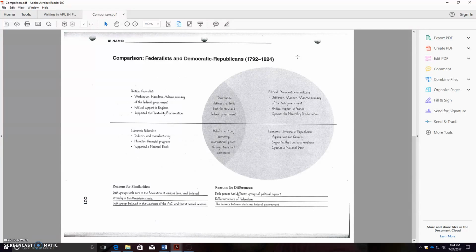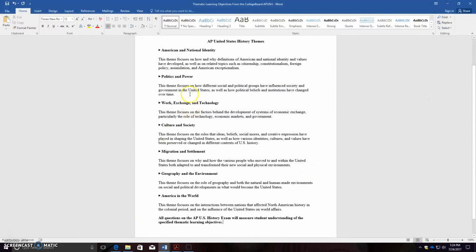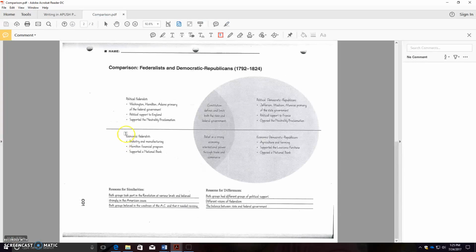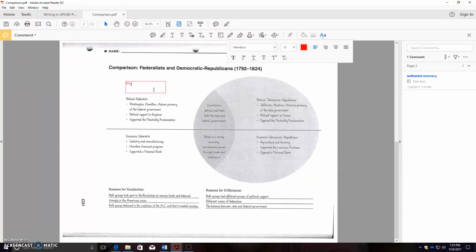And just like on the causation graphic organizers, we have to come up with our thematic learning objectives. Okay, again, these could be American and national identity, politics and power, work, exchange and technology, culture and society, migration and settlement, geography and the environment, or America in the world. Our first thematic learning objective is going to be politics and power. And notice, not only is it on this half of the circle, but it goes for this half of the circle as well.